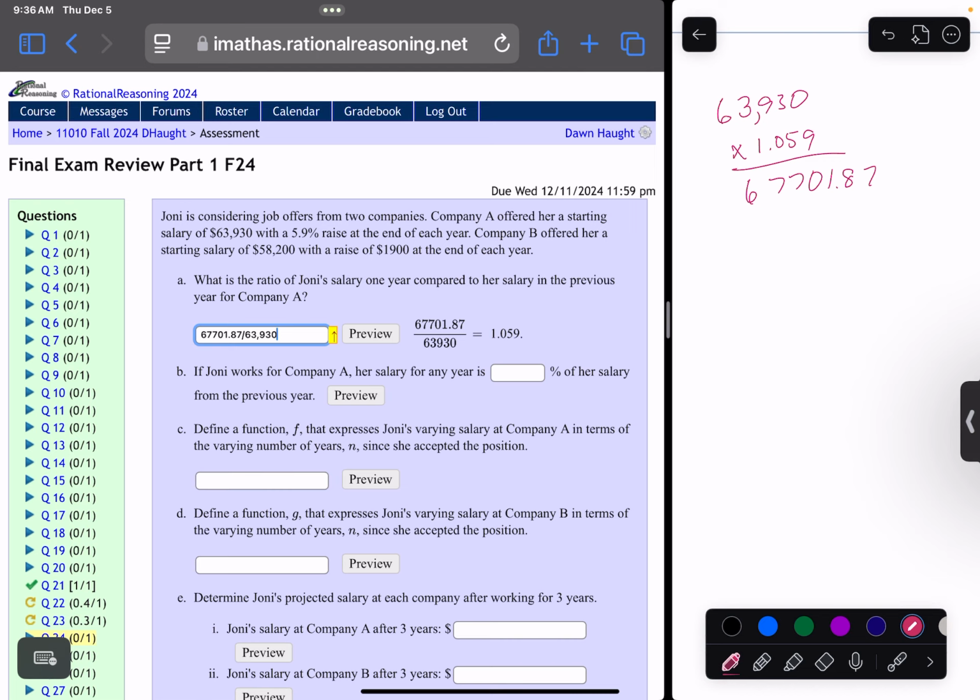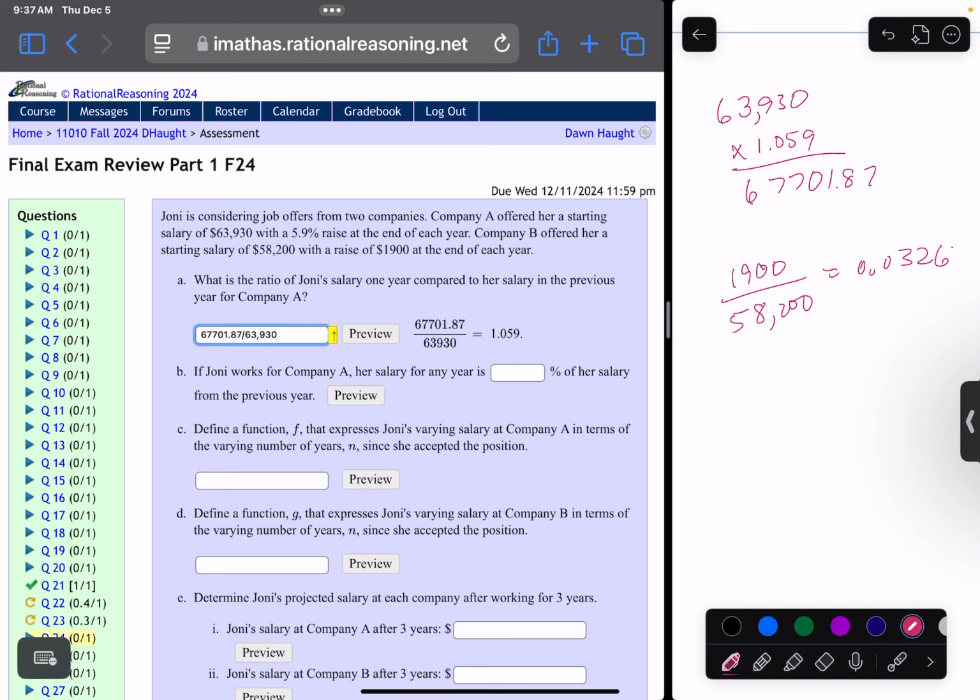If Joni works for Company A, her salary for any year is what percent of her salary from the previous year? Well, it went up 1,900. So we just need to see how is 1,900 related to 58,200. What's that ratio? So I'm going to put that into the calculator because they want that as a percentage. So if I divide that, I get 0.0326.